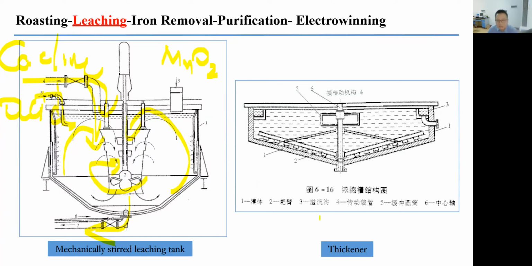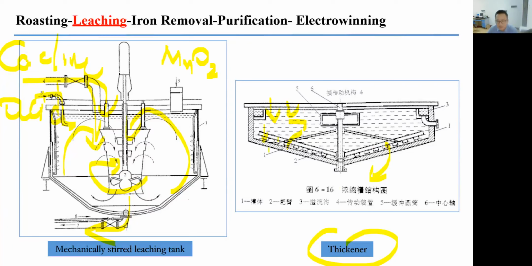And this is the widely used thickener. This screw slowly rotates, and the solid particles or precipitations settle down and deposit at the bottom.